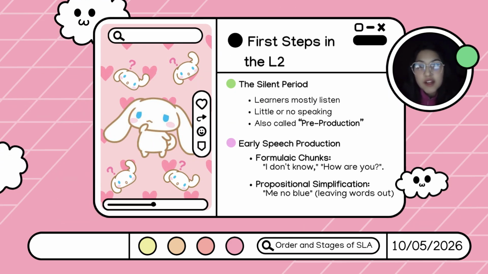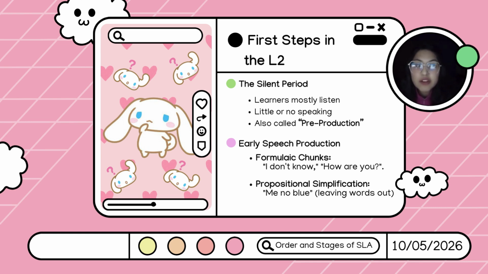Every learner starts somewhere, and that somewhere is often the silent period. In this pre-production stage, learners make no attempt to say anything while they process the new language. When they finally do start to speak, we see the early stages of speech production.